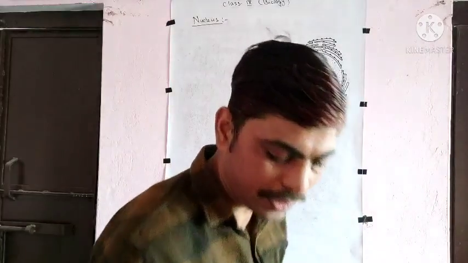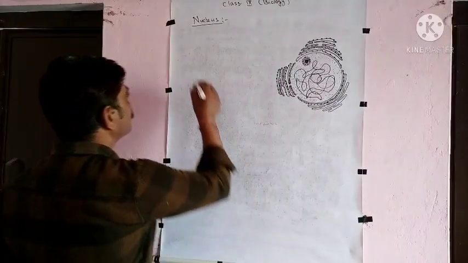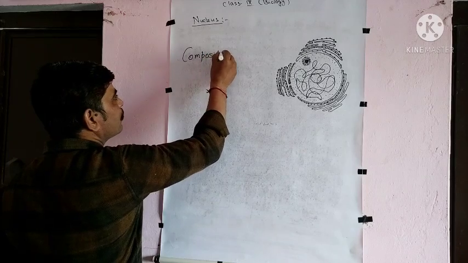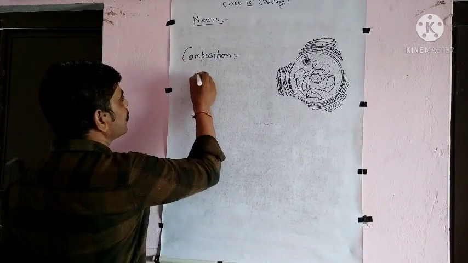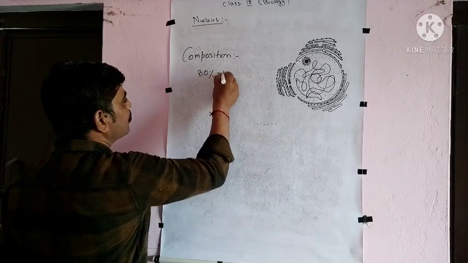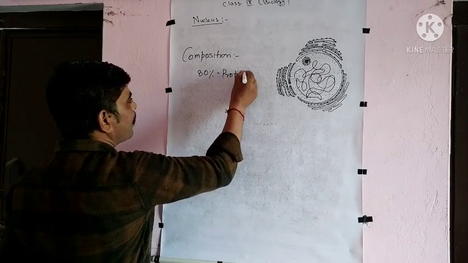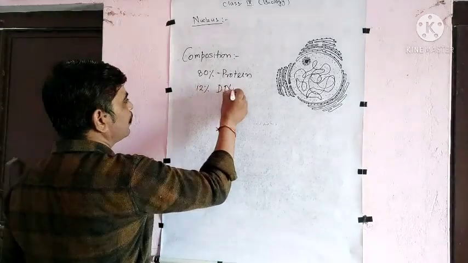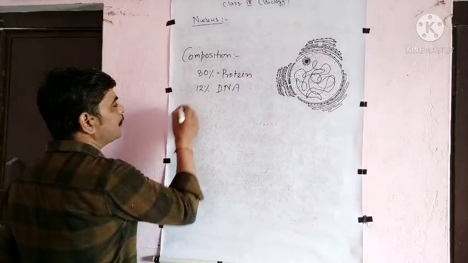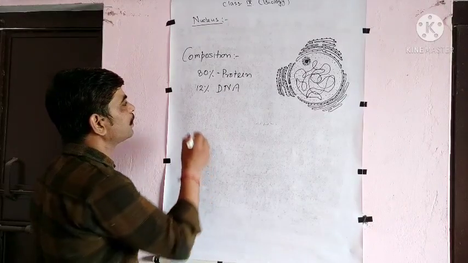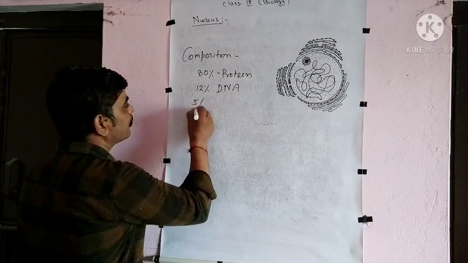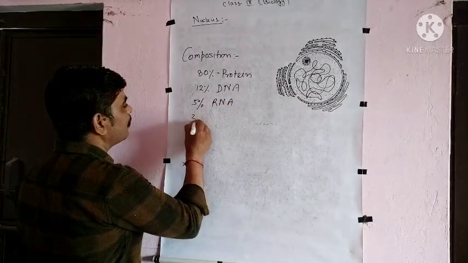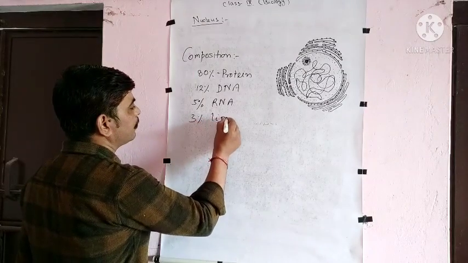Generally, if we talk about the composition of the nucleus, it has about 80% protein, 12% DNA, full name deoxyribonucleic acid, 5% RNA, ribonucleic acid, and about 3% lipids.